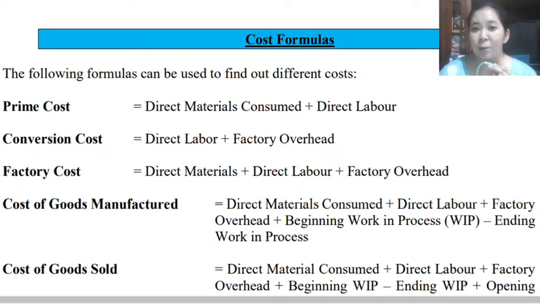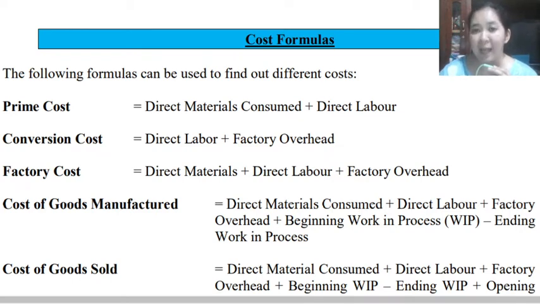So to determine the cost of this inventory under the cost of goods manufactured, our formula is, of course, we will add the factory costs, so direct materials, direct labor, and factory overhead, and then we will add the beginning work in process, meaning the work in process inventory at the end of the previous accounting period. We will forward it to the next accounting period, and that makes it our beginning work in process. And then we will deduct our ending work in process in the present accounting period.